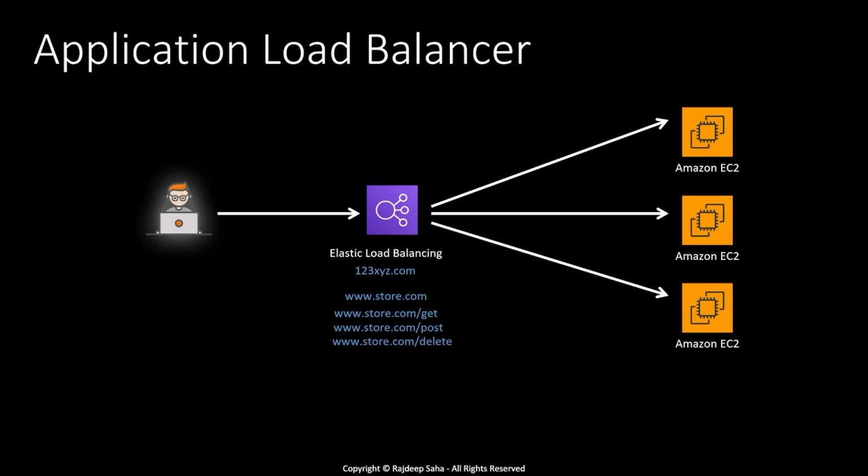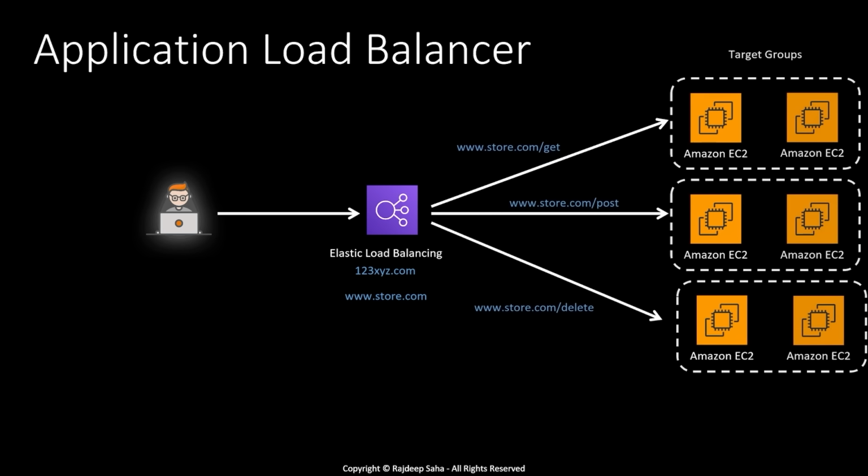So let's say www.store.com/get should go to particular EC2s, /post should go to different EC2s, and similarly /delete should go to different EC2s. With application load balancer, using the path, you can distribute traffic to multiple target groups. What is the advantage of it?